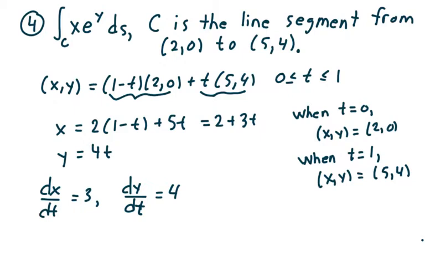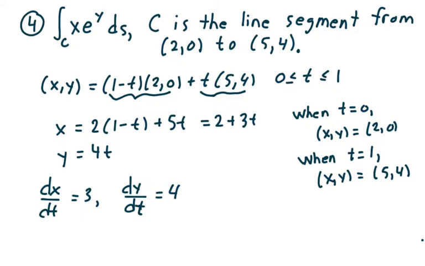You take 1 minus t times the first point, and then you add t times the second point, and you just restrict t between 0 and 1. Are there other ways to parameterize that line segment? Yes, there are, but this is a pretty good way to parameterize a line segment. So I'm going to show it this way.